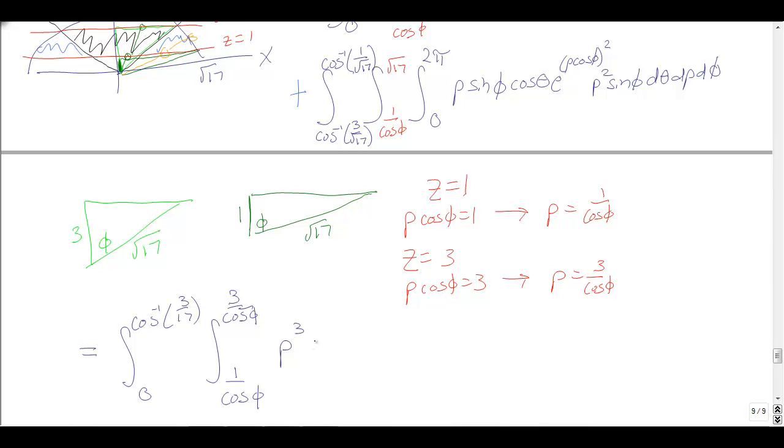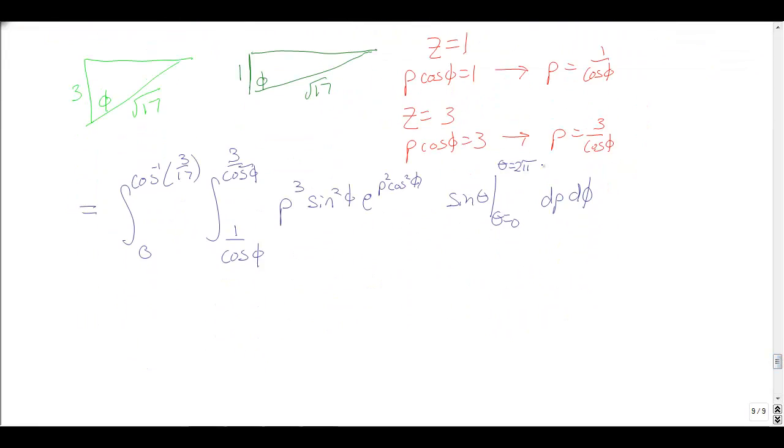Sine phi times sine phi is sine squared phi. And then I get an e to the rho squared cosine squared phi. And then when I integrate cosine theta, what I'm going to get is a sine theta. I have to integrate that from theta equals 0 to theta equals 2 pi. And then I'm doing d rho, d phi. So that's the first integral. Note this part is going to give me a 0, so that whole thing goes to 0.